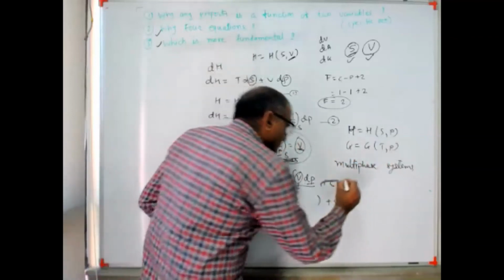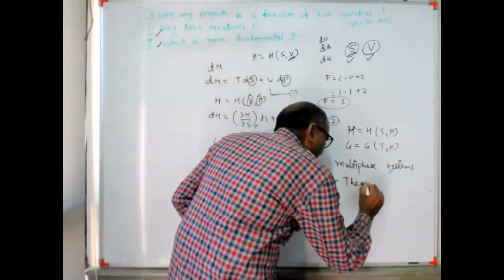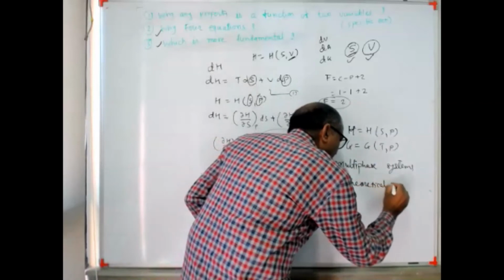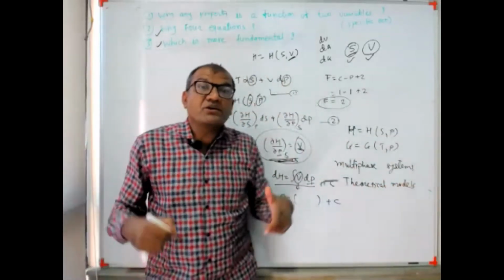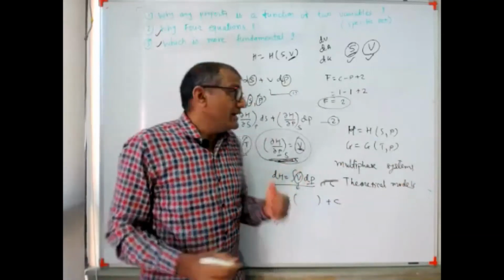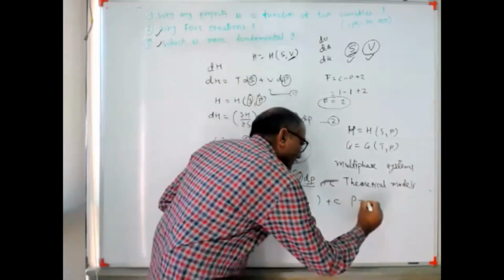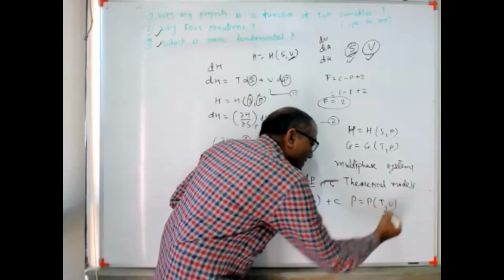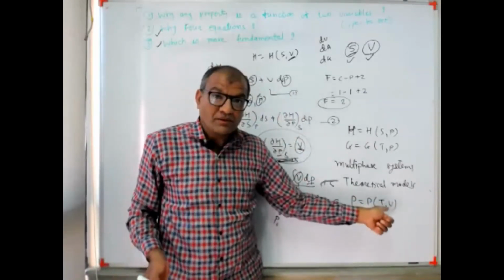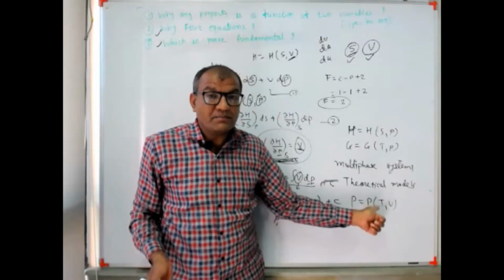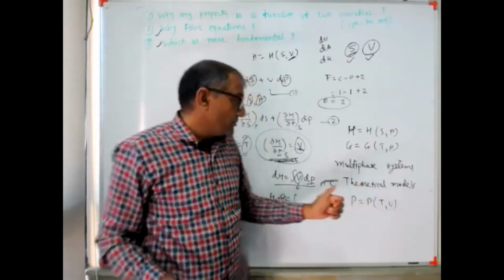But in the case of a theoretical model, for example, an equation of state, any equation of state is written as a function of temperature and volume. Most of the equations of state are written in this form, pressure as a function of temperature and volume.